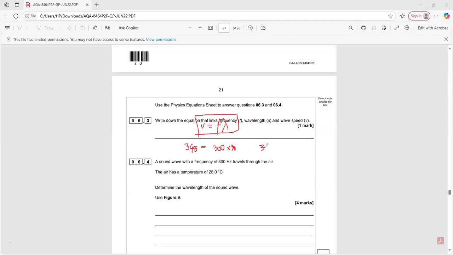So help me use your calculator: 348 divided by 300. What would you get? 1.16. Okay, and the unit is in meters.